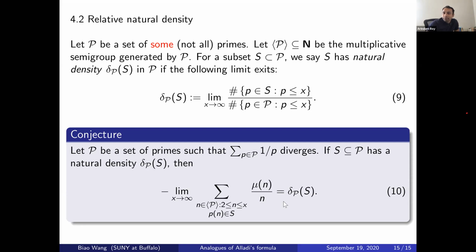Oh, there's a question in the chat room. Okay. So you mentioned that the original result was equivalent to the prime number theorem. Let me read out the question from John Grantham. John asked that you mentioned that the original result was equivalent to the prime number theorem.